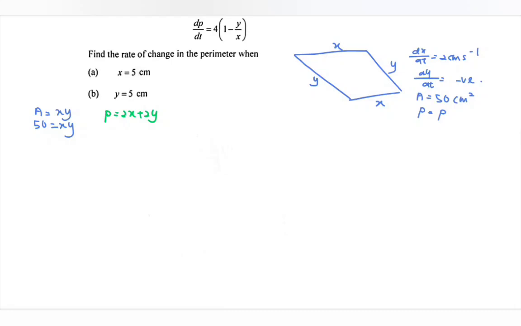Differentiate the 50, so we have 0. Using the product rule, we have y dx/dt, so that we can make use of the dx/dt or dy/dt information, plus x times the derivative of y, which is dy/dt. If we substitute dx/dt equals 2, we have 0 equals 2y plus x dy/dt. Rewriting, dy/dt equals negative 2y over x.